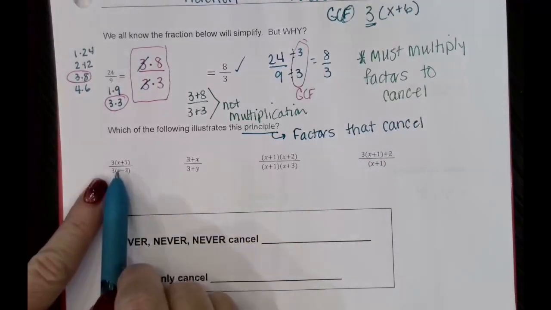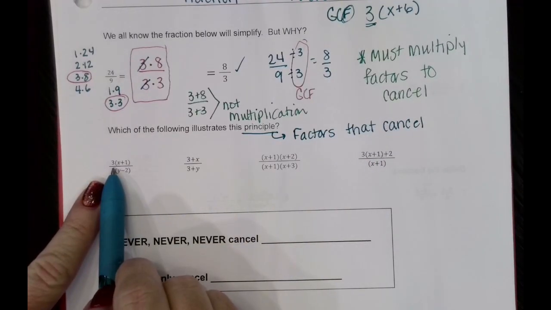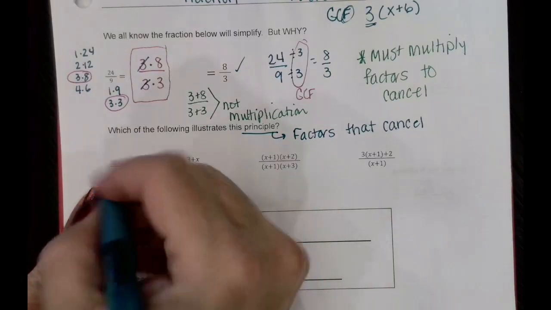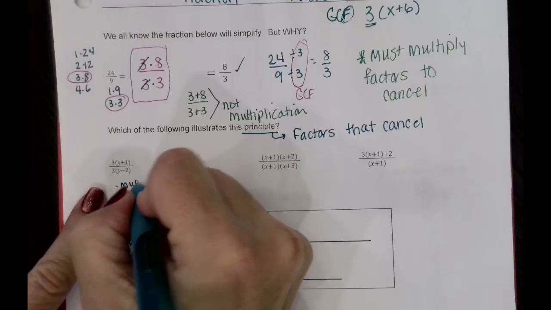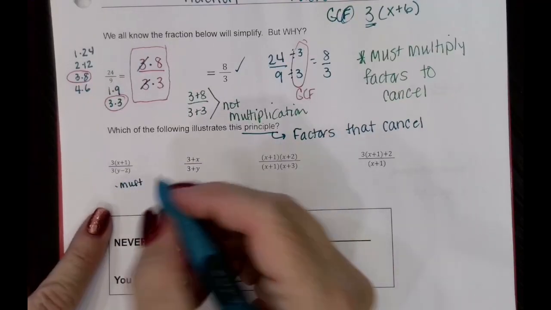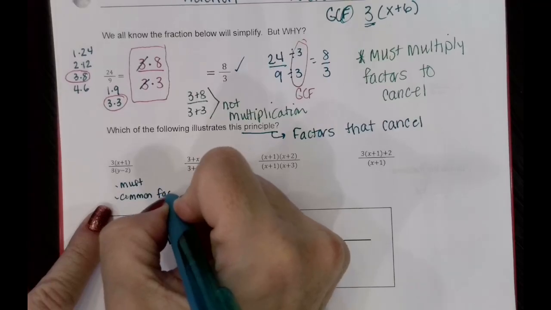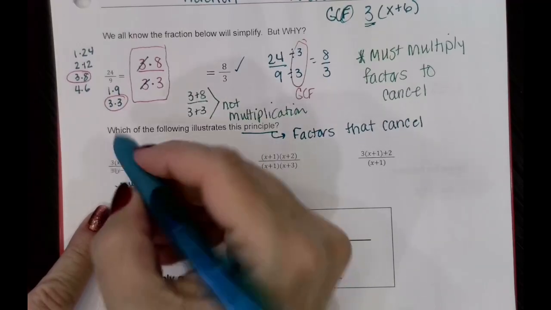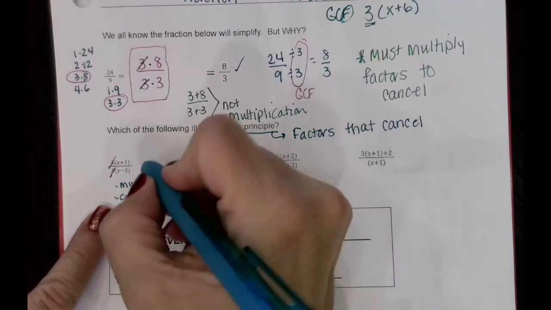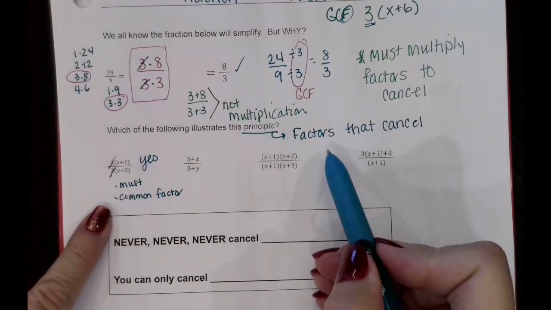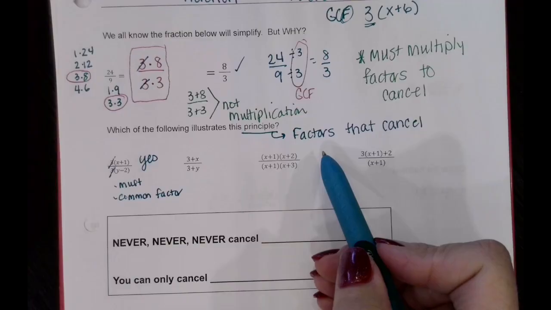Okay, so if I look at this, I have 3 times x plus 1 and 3 times y minus 2. So a couple things I know. I am multiplying, so I do have multiplication, and I have a common factor. And my common factor here is 3. So my 3's cancel. So yes, this illustrates this principle of being able to cancel factors.